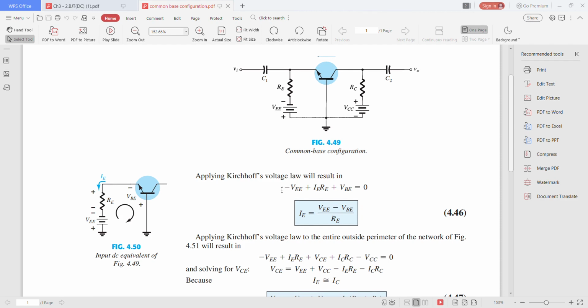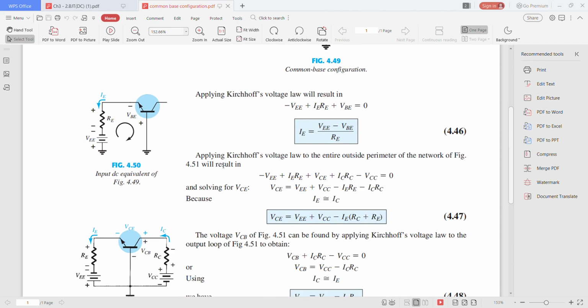Applying Kirchhoff voltage law will result in minus VEE plus IERE plus VBE equals 0. This loop equation comes from looking at this figure. By looking at this loop, you will get this equation. Remaining IE and moving the others to the other side, you will get IE equals VEE minus VBE over RE.